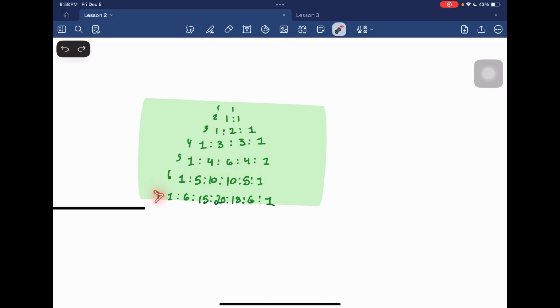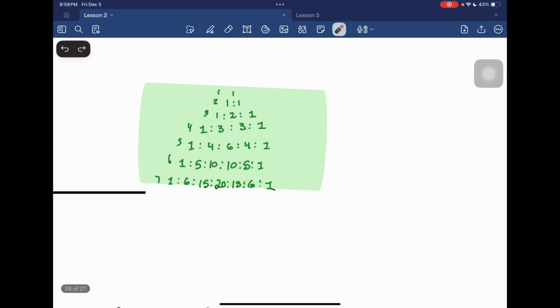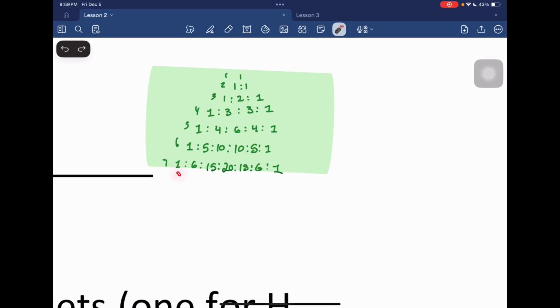Now we need 7, because our signal is a septet, right? That is our signal. 1, 6, 15, 20, 15, 6, 1. This means that we have these two are the same, these two are the same, these two are the same, and this is the peak.